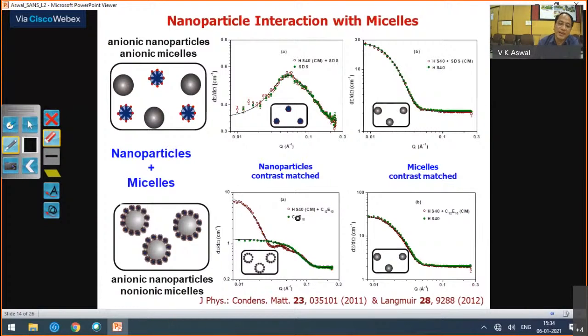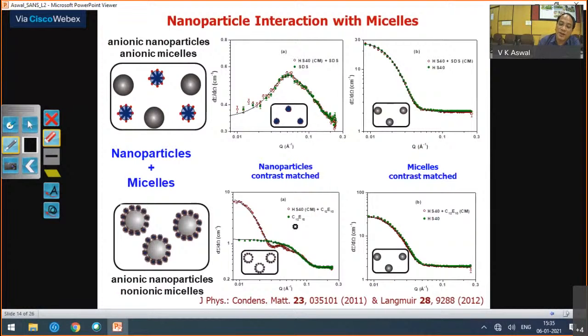Now micelles only are very different from micelles when mixed with nanoparticles because their distribution is changed. So in earlier cases, if they were not interacting with nanoparticles, they would have looked like this. For that, your pattern is like this. But now since they have redistributed themselves and interacted with the nanoparticles, that is seen here, where you get very different scattering patterns, which is from the micelles now adsorbed on the nanoparticles.